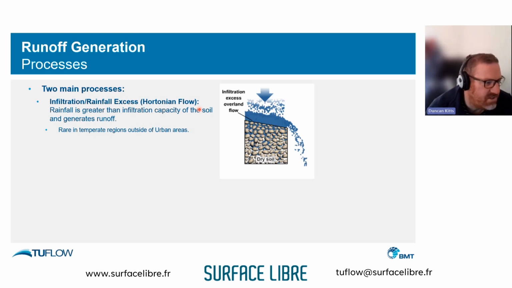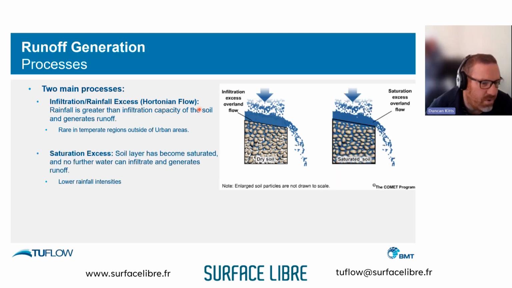In temperate regions, that's actually quite rare, particularly outside of urban areas. What tends to happen in temperate regions is that our rainfall rates are pretty low. Although it rains all the time in England, the rainfall rates are quite low.